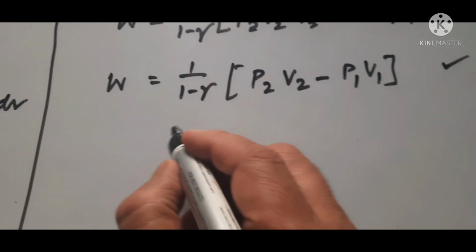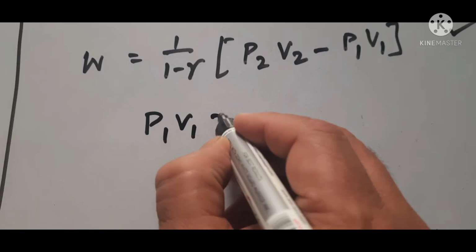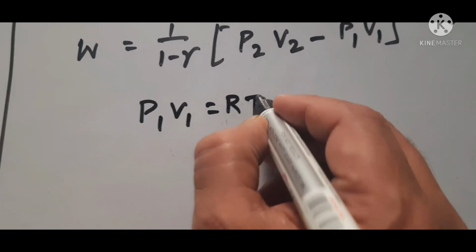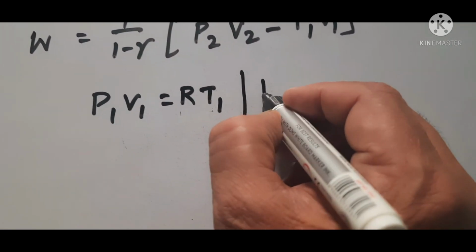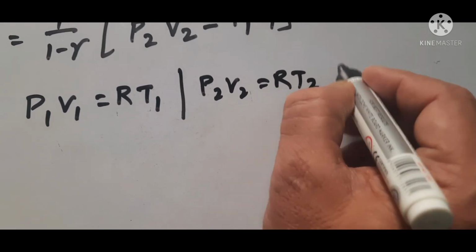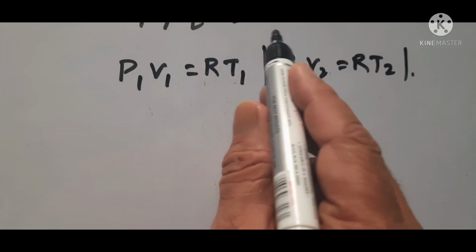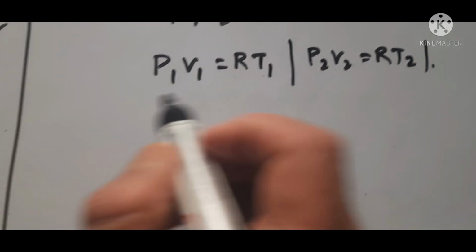Now by using the gas equation, we know P1 V1 is equal to R T1. Similarly, P2 V2 is equal to R T2. That we know. So put these particular values in this equation.